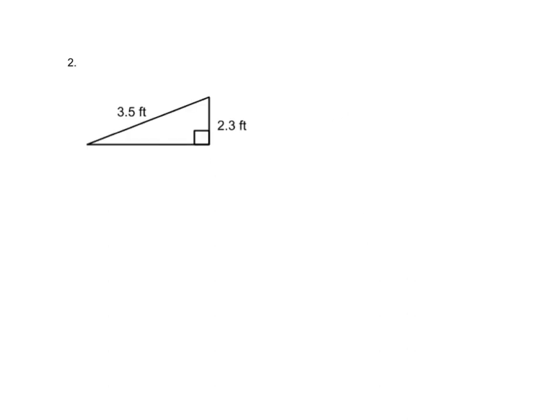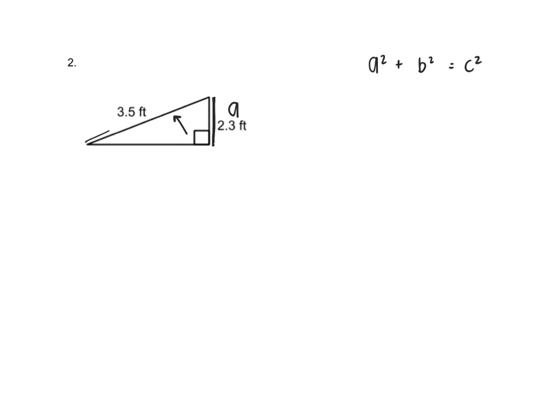Looking at our second guided practice problem, we're going to start by looking at our equation a squared plus b squared equals c squared, and then identifying what pieces were given to us. So 2.3 is part of a side that creates our right angle, so it's going to be a leg, so I'm going to label it A. 3.5 is across from our right angle.